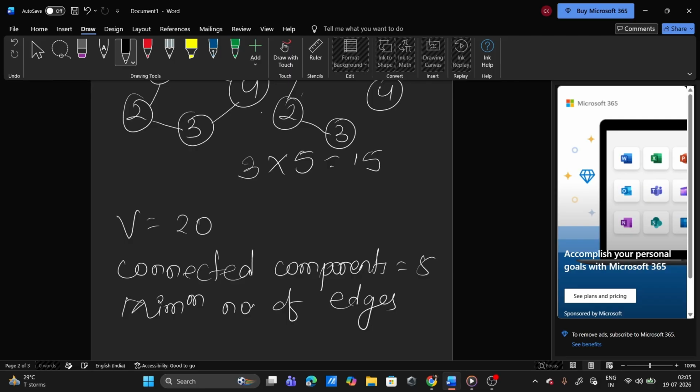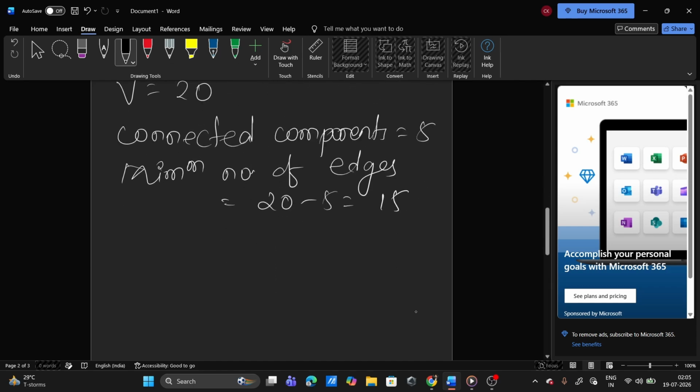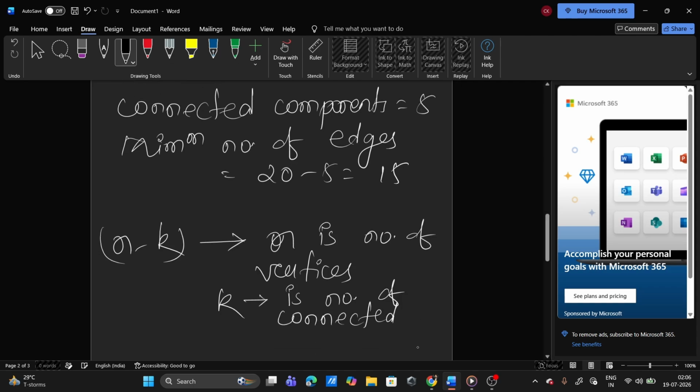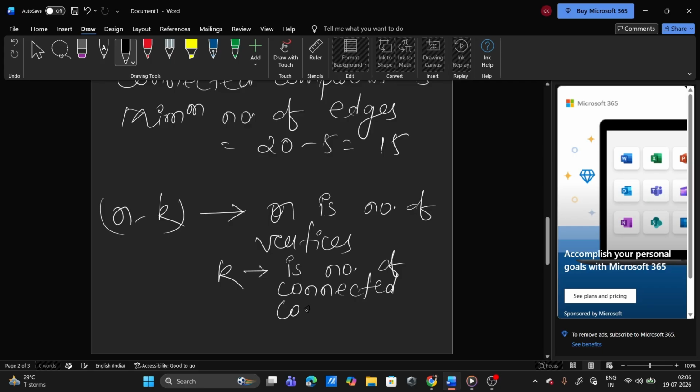We just have to subtract these two, and we will get the answer. So the formula is simple: n minus k. Where n is the number of vertices, while k is the number of connected components.